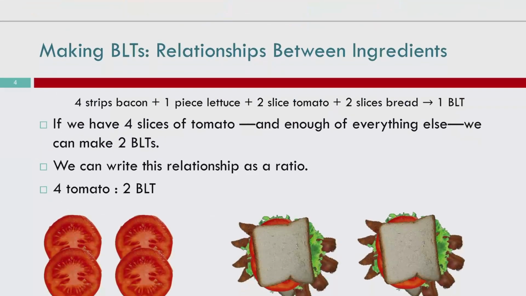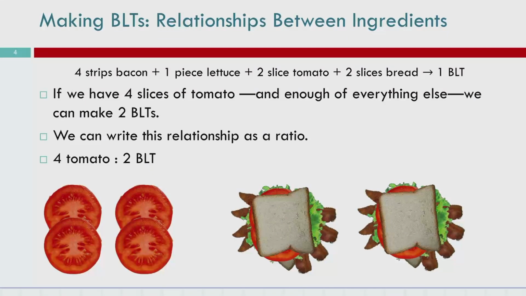The way that we can figure that out is by looking at the relationship between slices of tomato and BLTs as a ratio. Typically, for stoichiometry problems, I'll look at what the things are that we care about, and we'll underline them. So we care about slices of tomato, which we underline in our recipe.